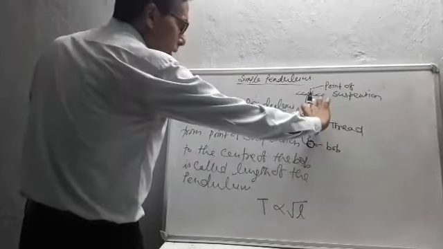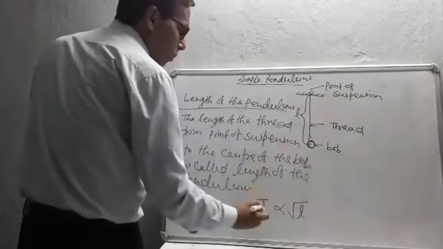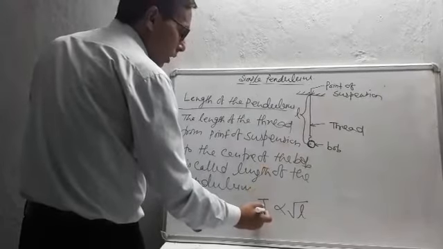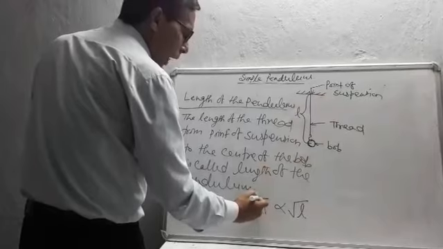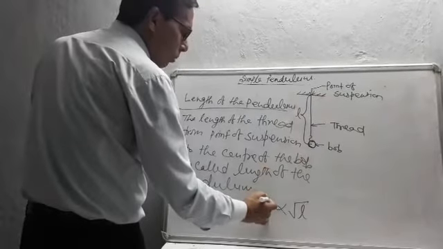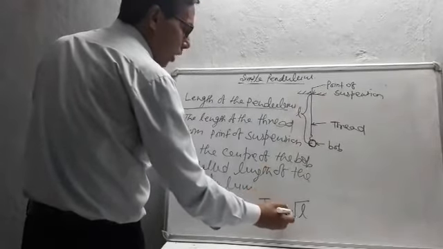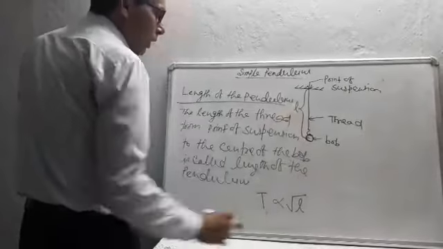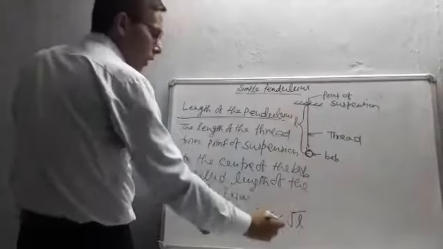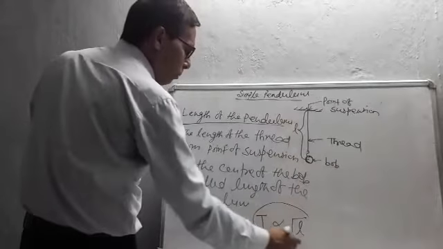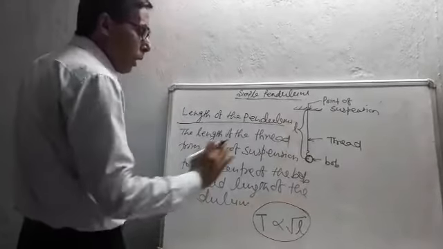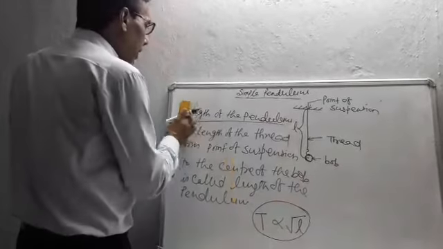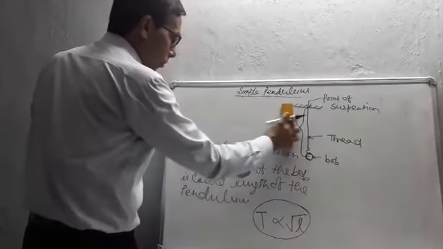As the length decreases, the time period also decreases. So from this relation we can say that the time period of a pendulum depends on the length of the pendulum.